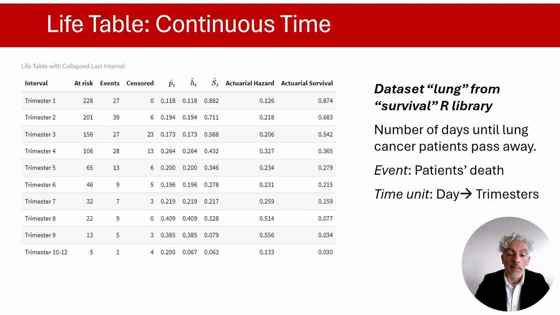So here, the key statistics I report are the p hat, which represents the estimated conditional probability of event occurrence within the interval, the h hat, the estimated hazard function, and the s hat, the estimated survival function.